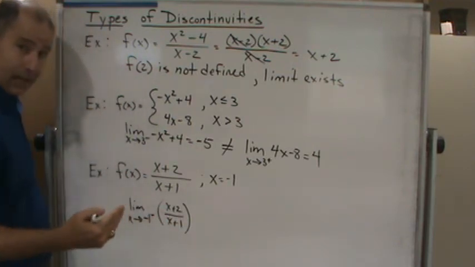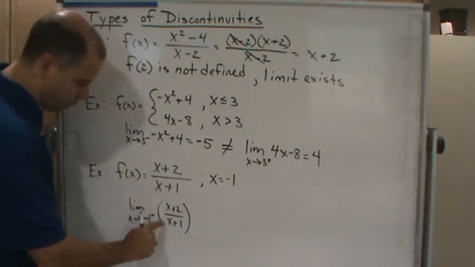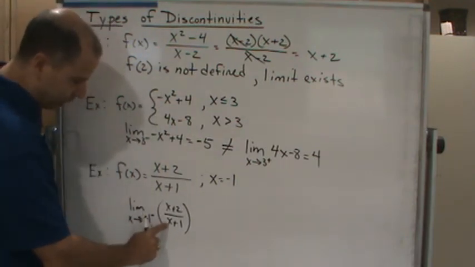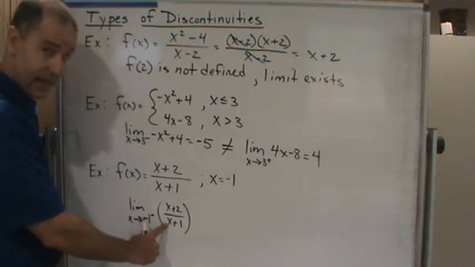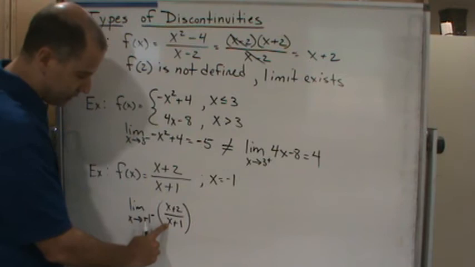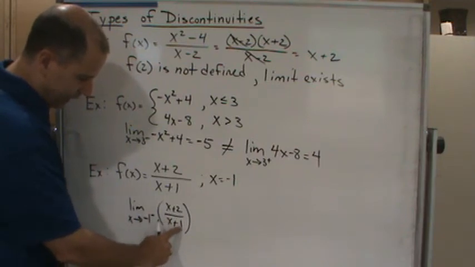Now, what's happening to the bottom? Well, we know the bottom is going towards 0, but what's going on here? Well, we're putting in values that are less than -1, which means that if I'm taking something that's slightly less than -1 and I'm adding 1, this bottom number is going to be negative.